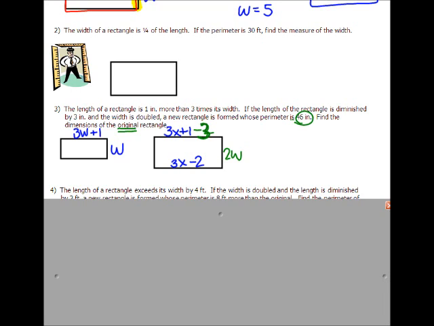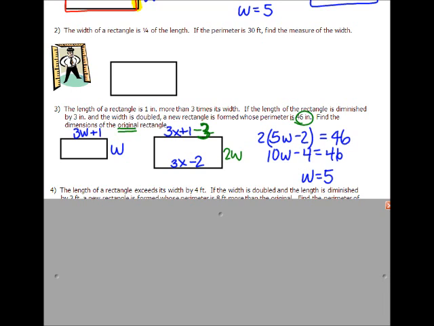And so I'm going to have my perimeter is twice 5w minus 2 equals 46. So go ahead, solve for w. So if you solve that, you should pause here, and I would get 10w minus 4 equals 46, and w equals 5 again.